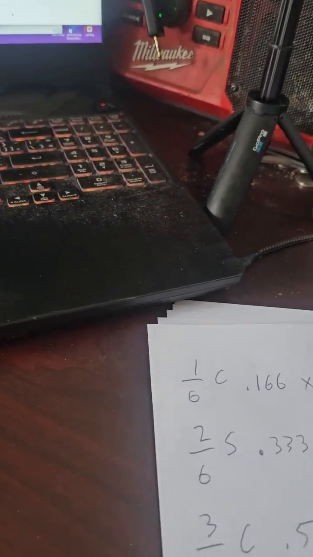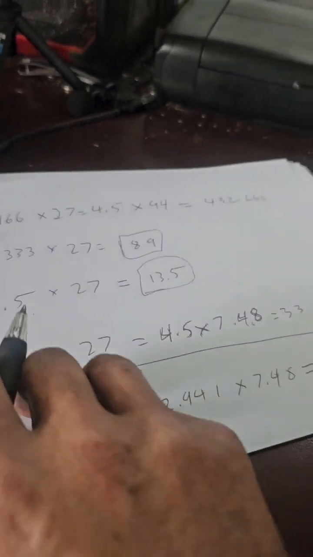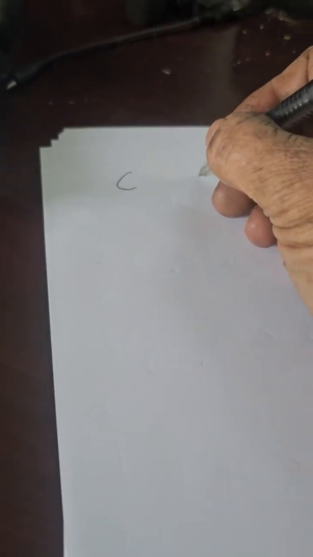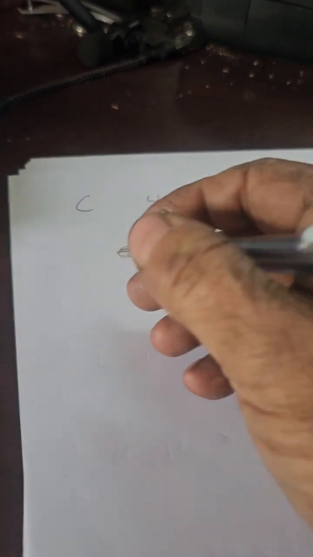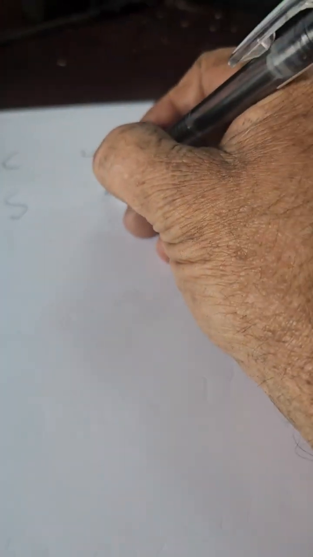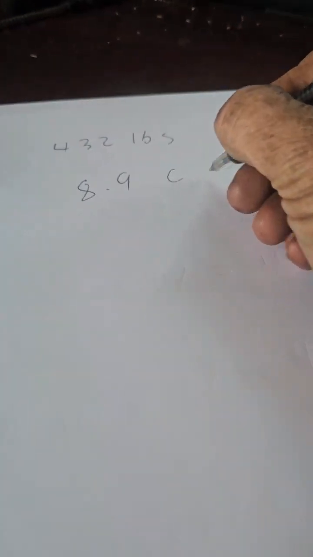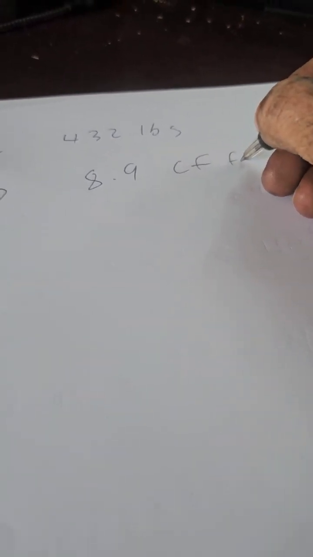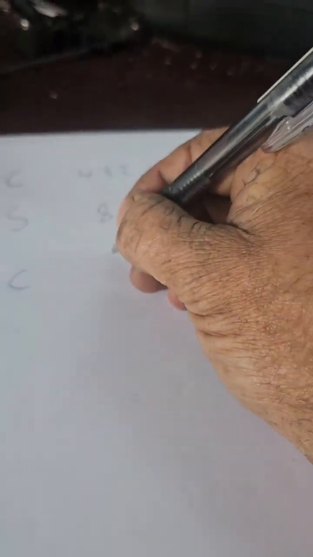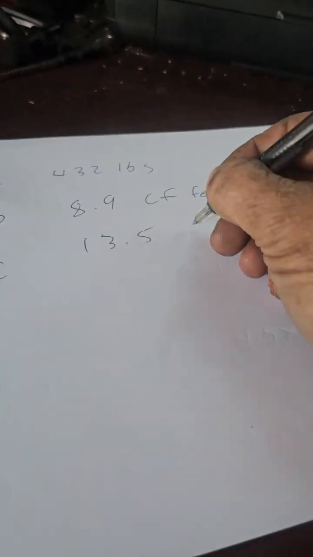So there you go, you now have your measurements. What do we need to make 1 cubic yard? For cement mix, we need 432 pounds. For sand, 8.9 cubic feet. For gravel, 13.5 cubic feet.